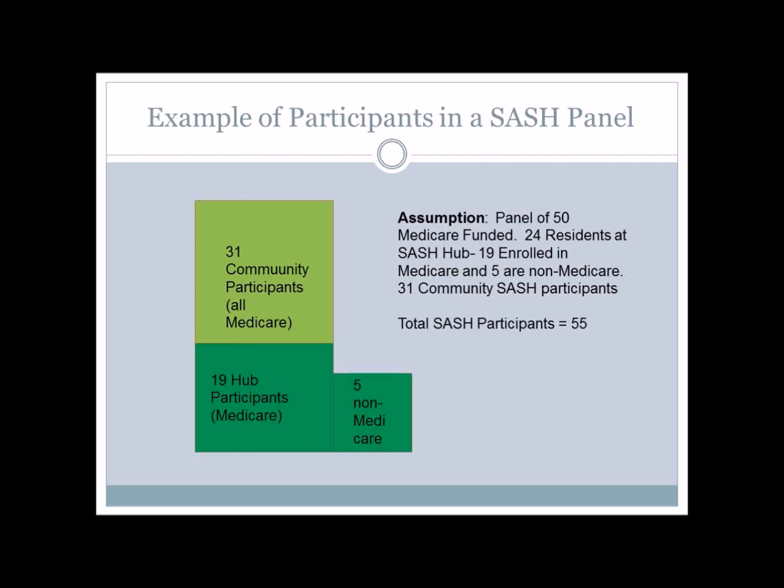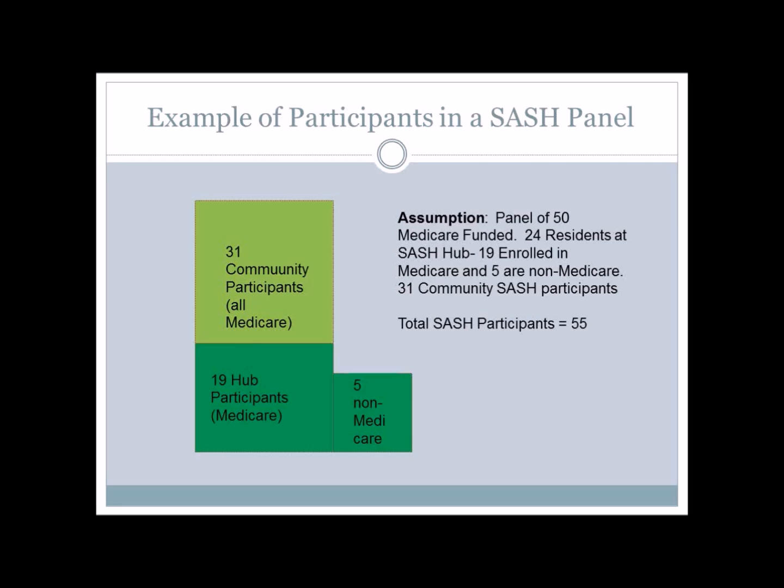Because at the end of the day, if we're pulling down half a panel of Medicare resources for you, you're going to have 50 Medicare beneficiaries at some point. There's no magic time frame for when you have to have that. It's not like 30 days after you start SASH, you have to have your 50 or 100. It's not even 6 months.